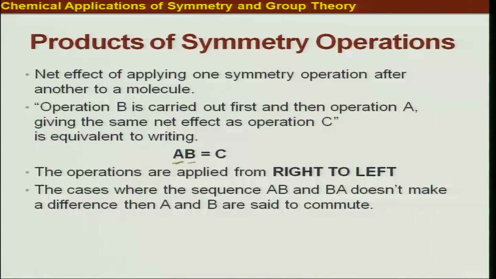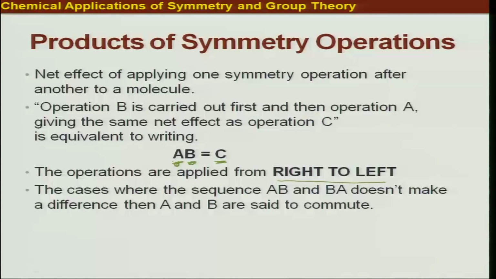Then whatever effect we get can actually be obtained by operating some other symmetry operation C alone. Okay. So, we start from right, then go to the left. We first operate B here and then do the operation A. Fine. So, that is the convention that we will follow.